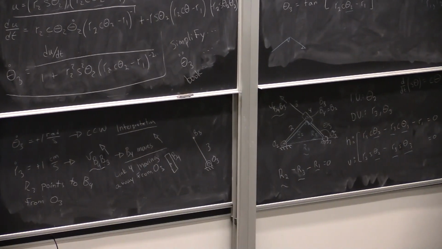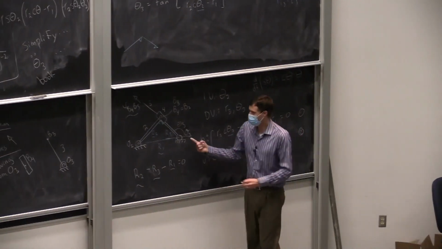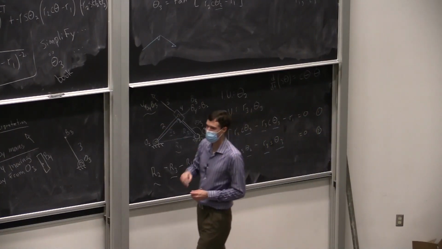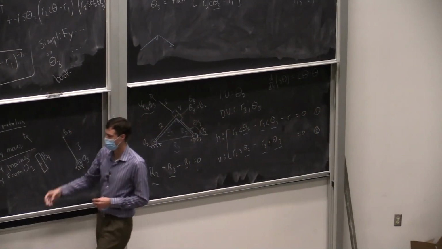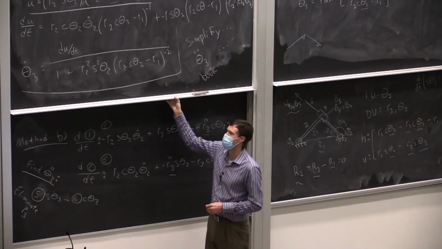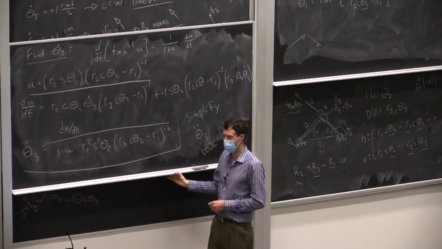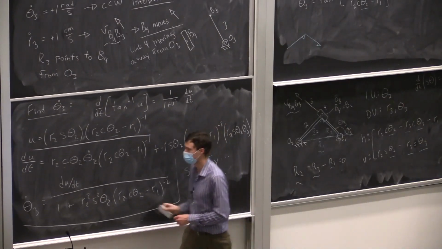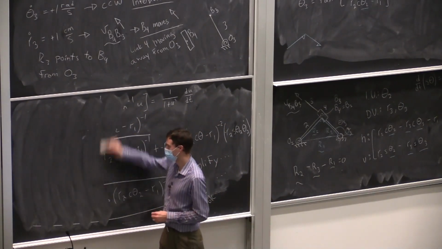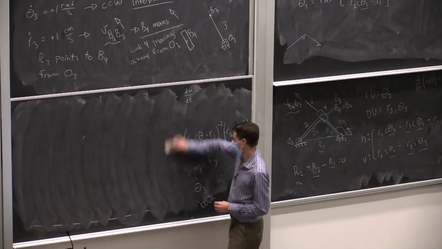So the tricky part now, I chose to draw R3 up that way. And we interpreted what a positive R3 dot would mean. What happens if we had chosen it the other way? How would we do our interpretation? So I'm going to draw just a second version of my loop.